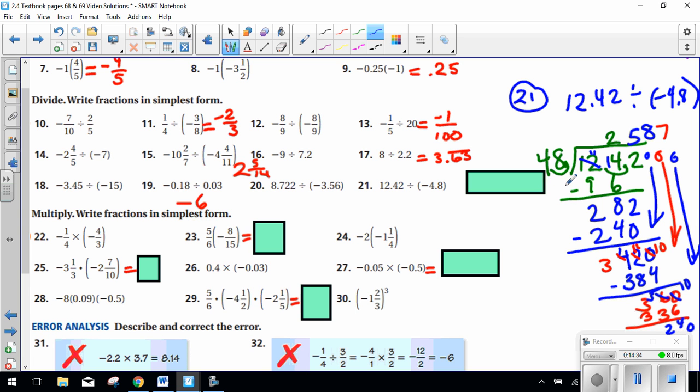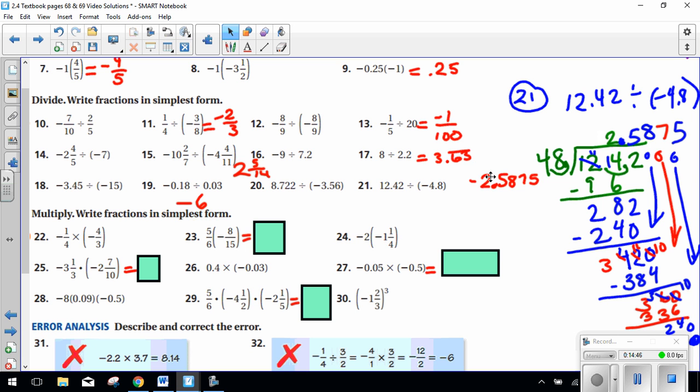And 48 goes into 240 5 times with a 0 left over. Decimal point goes straight up. So my final solution is 2 and 5,875 10,000ths. All right, there we go. We got it. Okay, let's move on to 23.